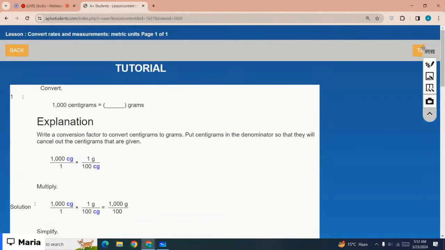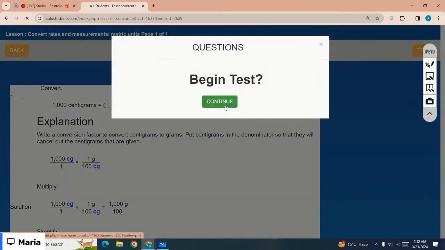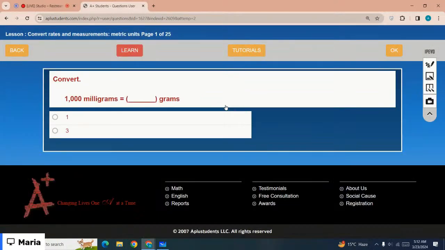Let's just start with the test questions. Okay, 1000 milligrams equal, which is the correct option? 1000 milligrams equal 1 gram. The correct option is 1 gram, right?